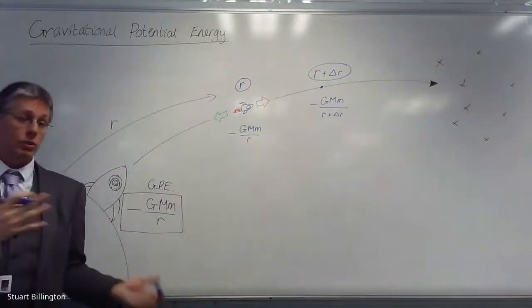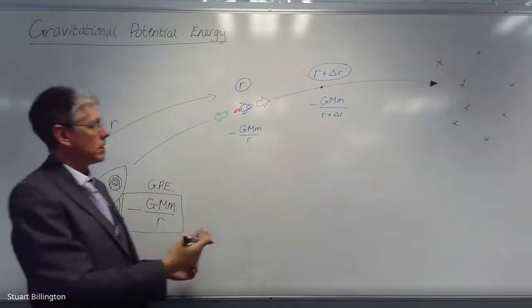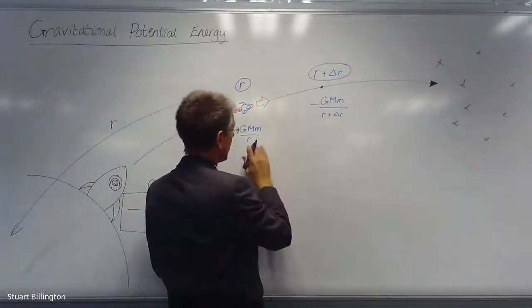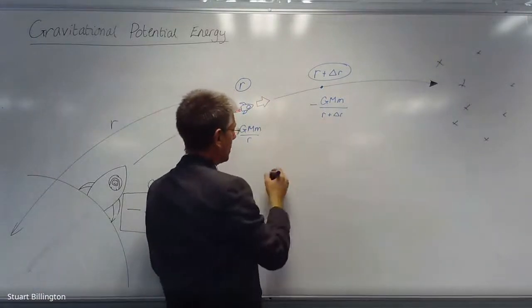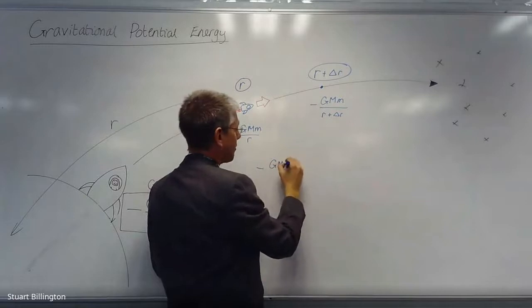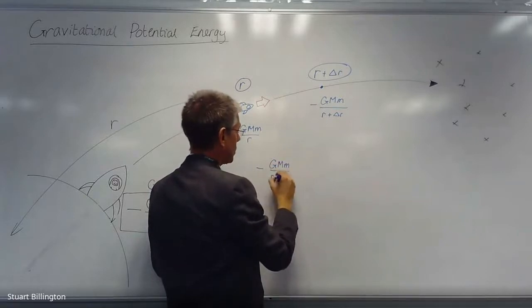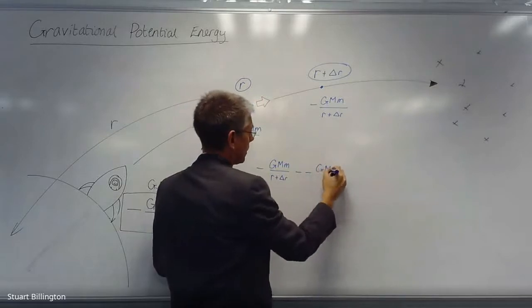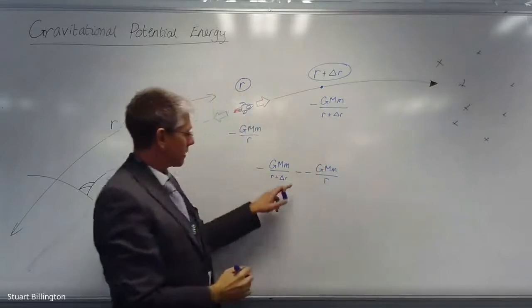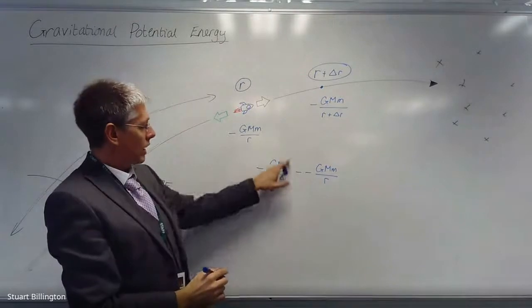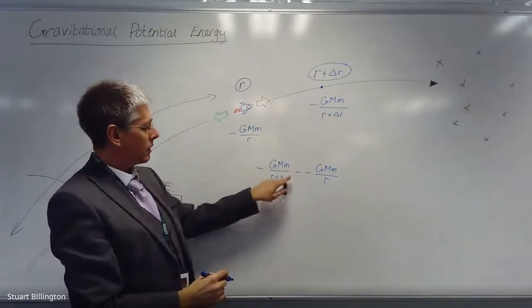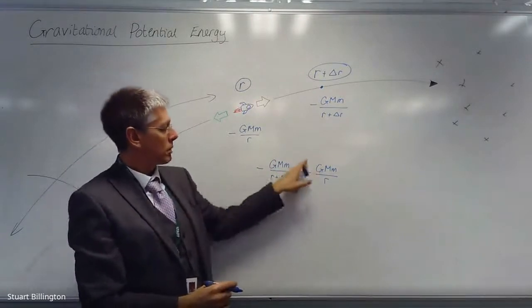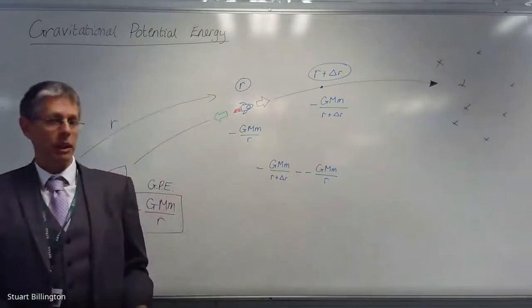And if we want to know the difference between the two, we just need to subtract that from that. So the difference in gravitational potential energy between two places is gravitational potential energy in the final place, take away the gravitational potential energy in the first place.